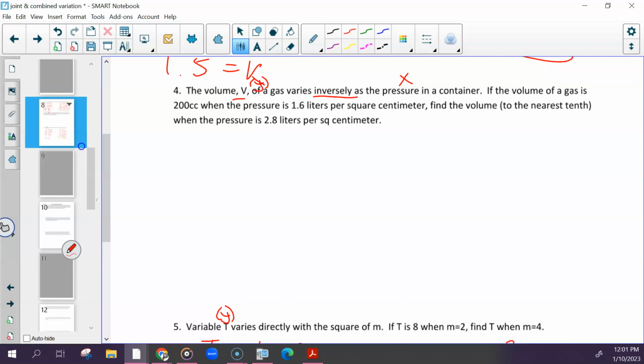If the volume of a gas is 200 cc's when the pressure is 1.6 liters per square centimeter. Before we start finding our k, we need our equation, especially if the variables are not y and x. So using the v that they have, we have v equals, it's inversely, so we're dividing k over x.